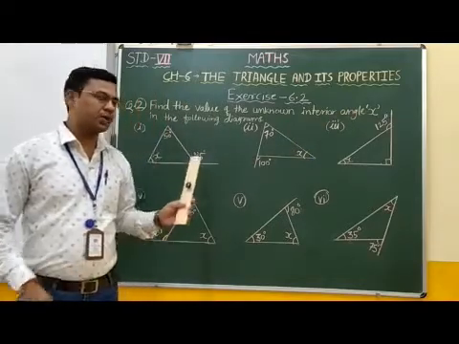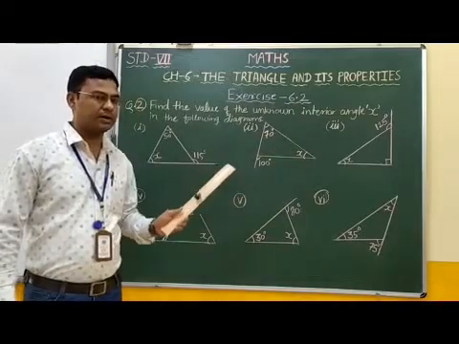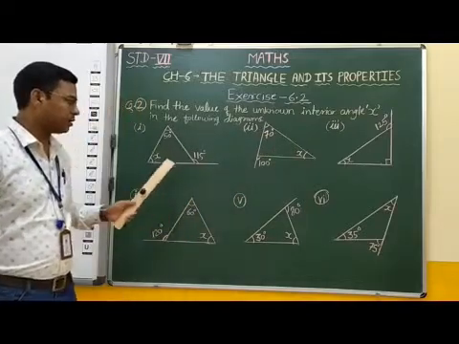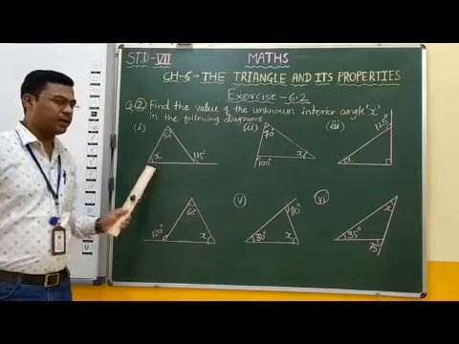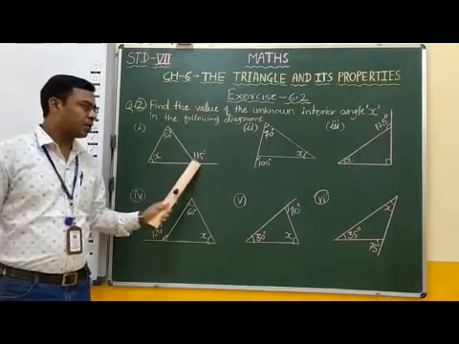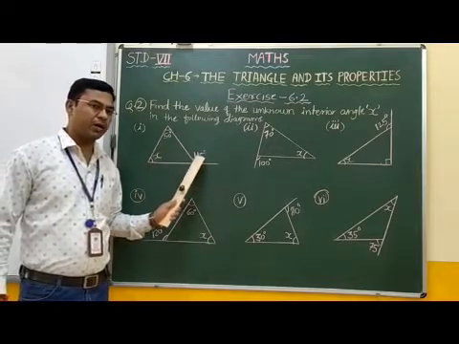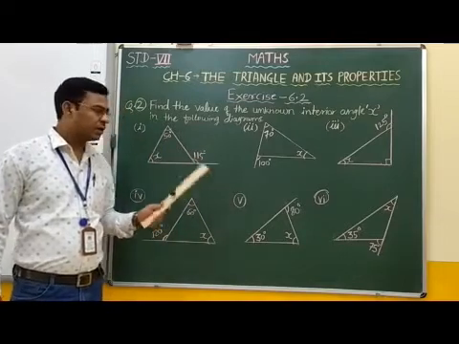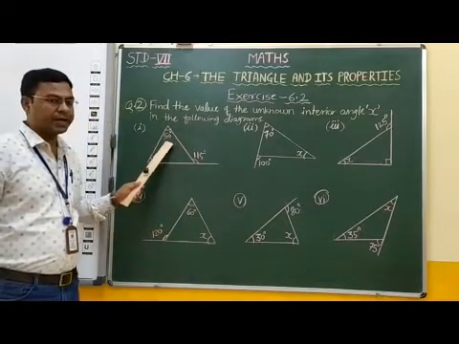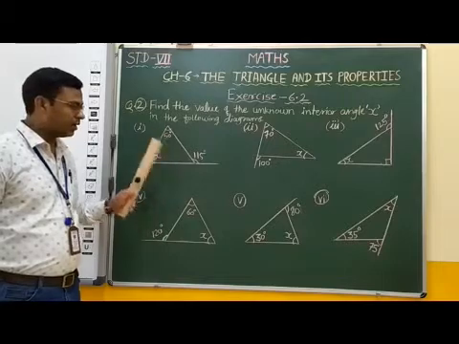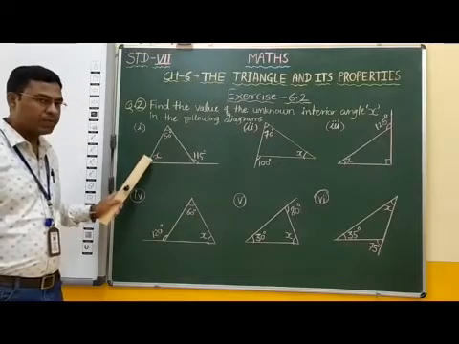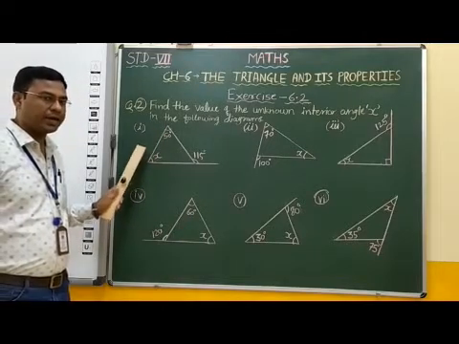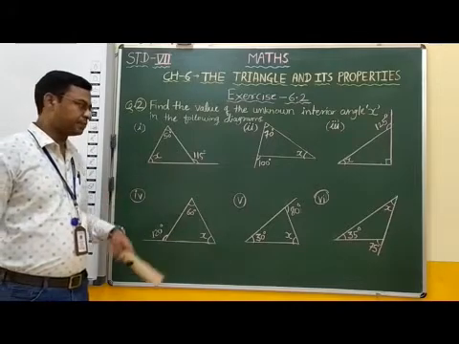Students, in this question 6 figures are given and in each figure there is a triangle and the measure of the exterior angle of the triangle is given. The measure of one interior opposite angle is given and we have to find the measure of the other interior opposite angle.